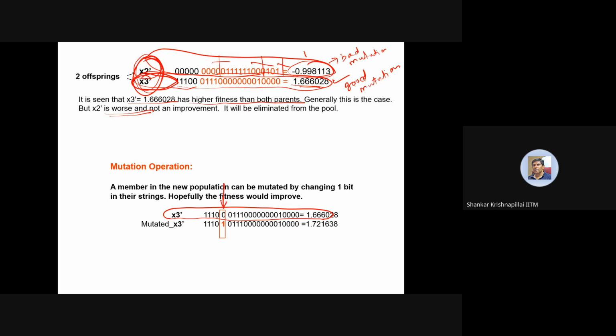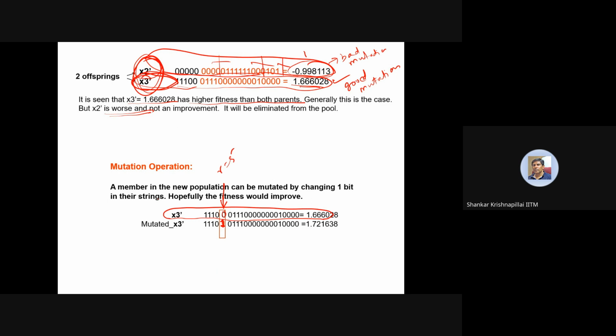You generate a random number. Suppose r equals 5, you pick the fifth bit and you change that bit. So the 0 you change to 1. This is how mutation is done in the offspring.